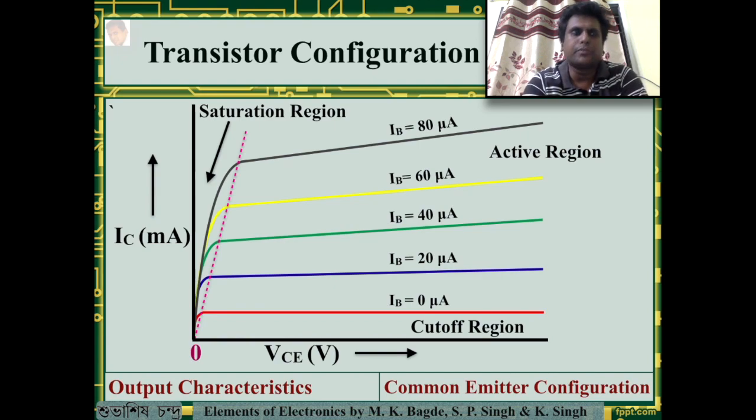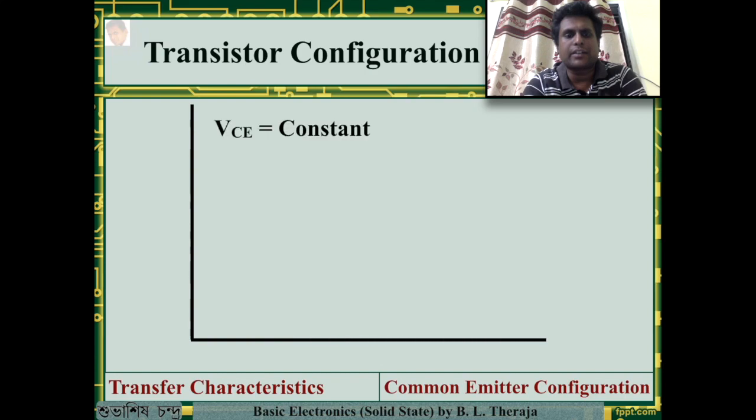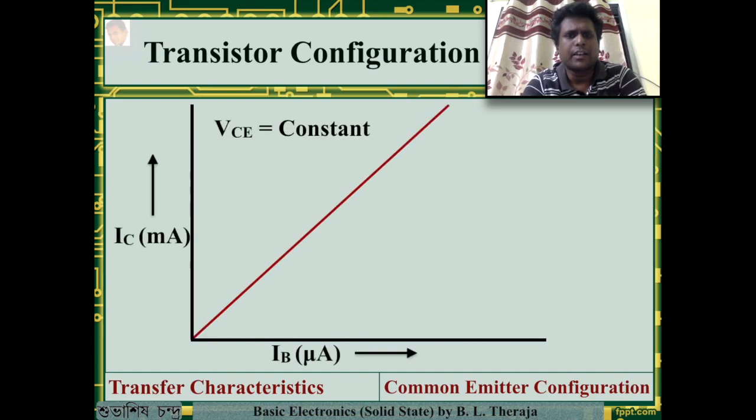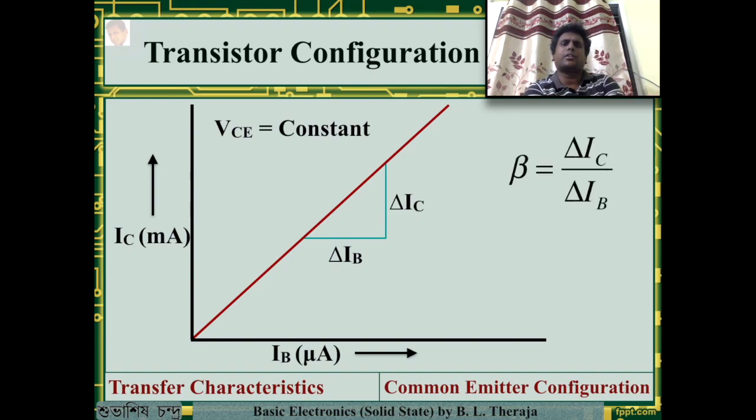Now let's move on to the transfer characteristics. In case of transfer characteristic, VCE is kept constant and the output current IC is measured according to the change in the input current IB. The slope can be found again, and the slope in this case is called beta, or the current amplification factor in case of common emitter configuration, which is basically the change in IC with respect to IB.